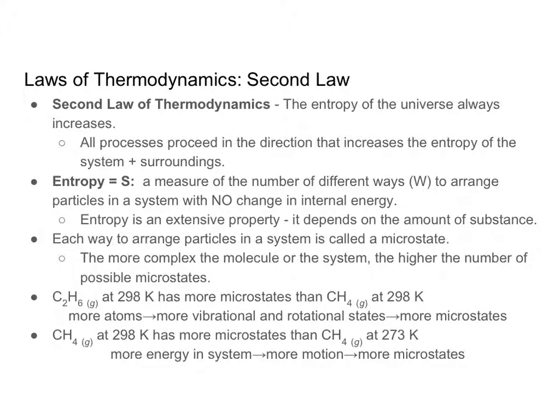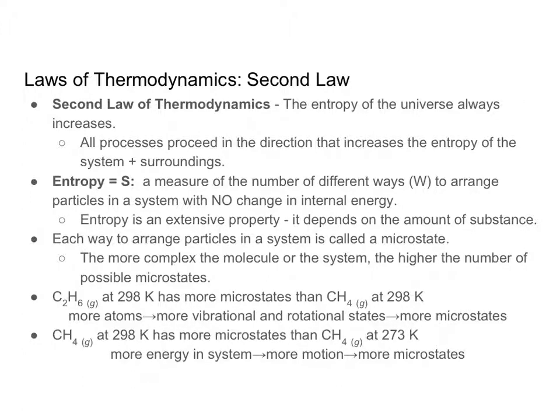every way that it's possible to arrange particles in a system is called a microstate of that particular arrangement. The more complex the molecule or the system, the larger the number of microstates that can be made. So, for example, ethane at 298 K has more microstates than methane at 298 K because ethane is a more complex molecule.